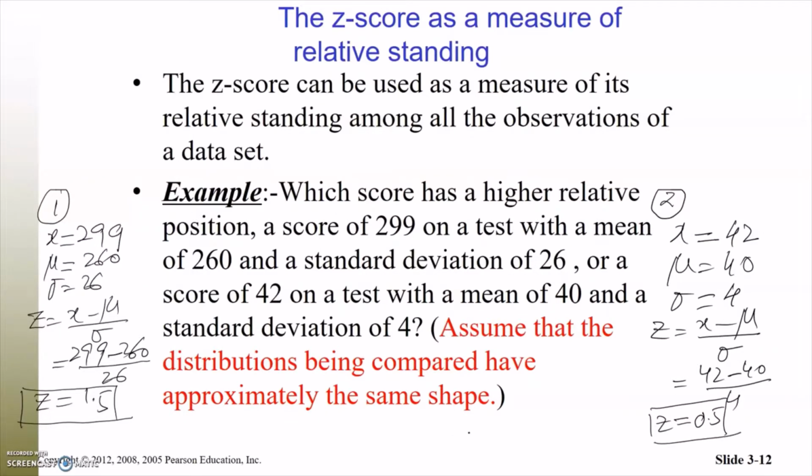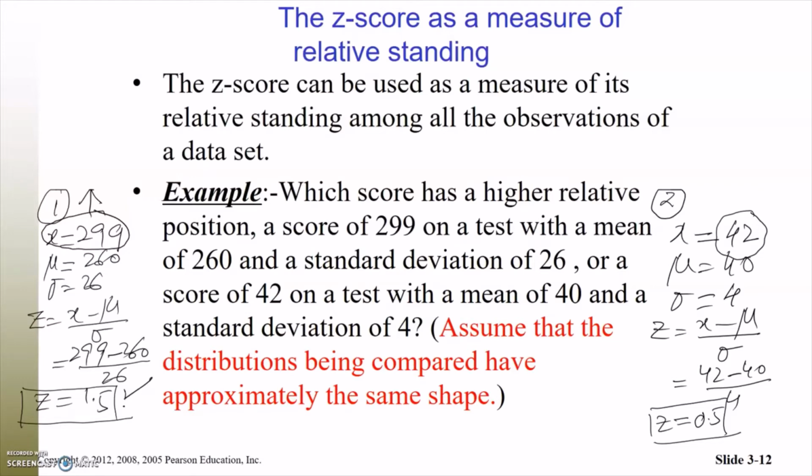Now, in order to decide which score has a better relative standing, we have to compare the two z-scores. The larger the z-score, the higher the relative standing. Note that here z is 1.5 and here z is 0.5. This z-score is larger, so a score of 299 has a higher relative standing as compared to a score of 42. This one has a lower relative standing.